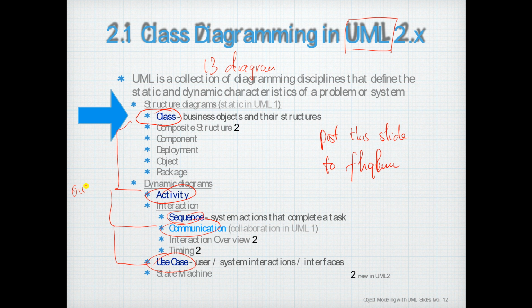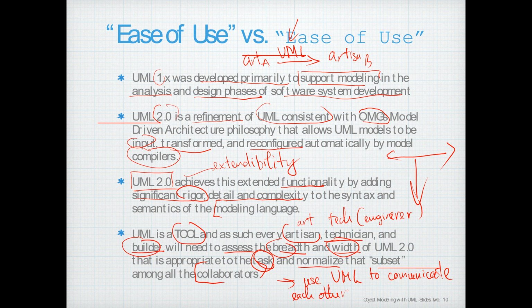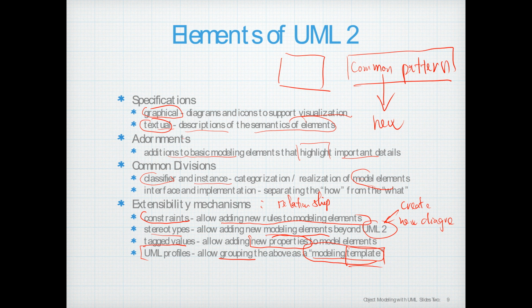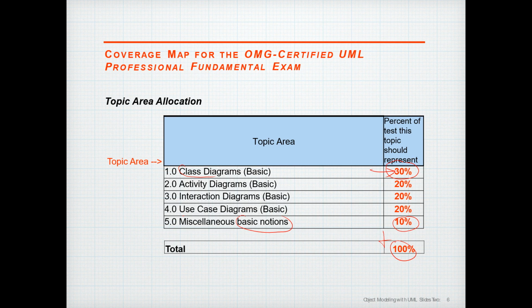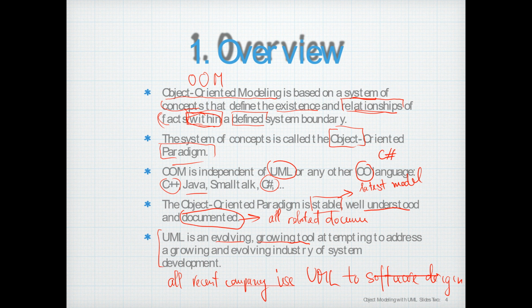This is our class. The difference between UML 1.x and 2.x is that 2.x has more extendability and is used for communication between users. Some elements of UML 2 is the overview of object-oriented modeling and UML.